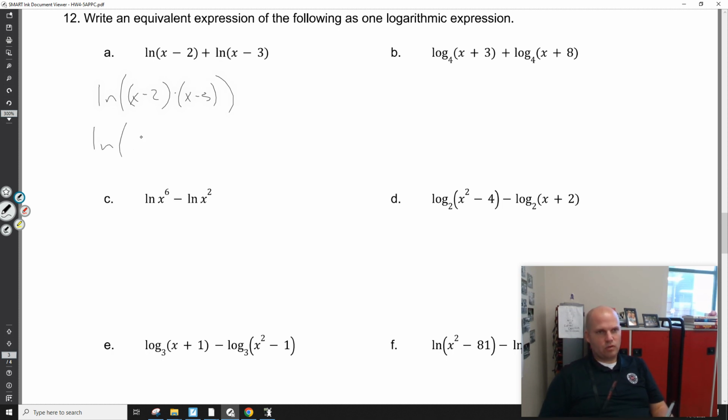So it's a good little review of multiplying binomials together, adding and multiplying. You can distribute everything or FOIL if you want to. Here, same deal. I'd have to multiply x plus 3 and x plus 8. This is what we're going to have to do next class when solving equations.